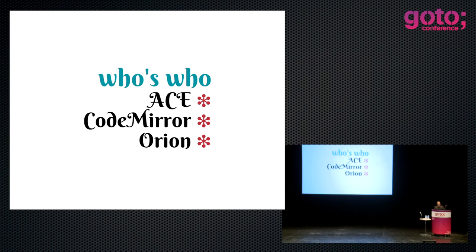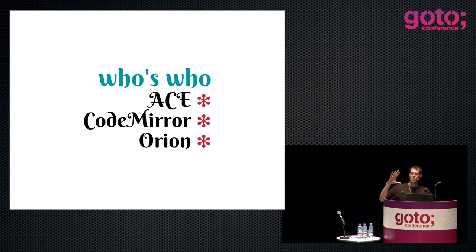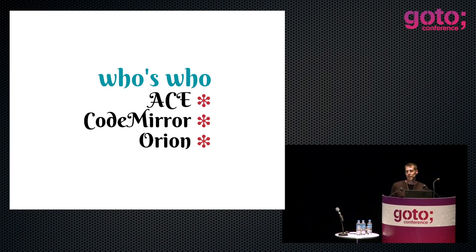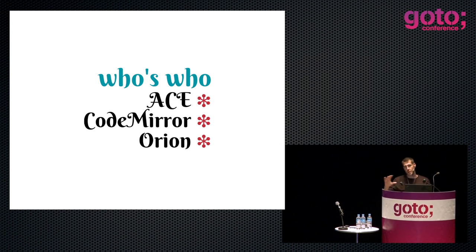CodeMirror is my baby, it's my project. The few of you who've seen my name before probably know it from my book called Eloquent JavaScript, which I published in 2007 online. It's a book about JavaScript which has an integrated environment for trying out code snippets, editing them, running them.